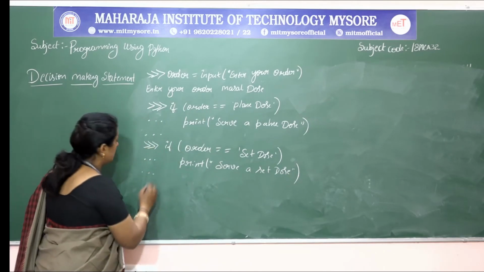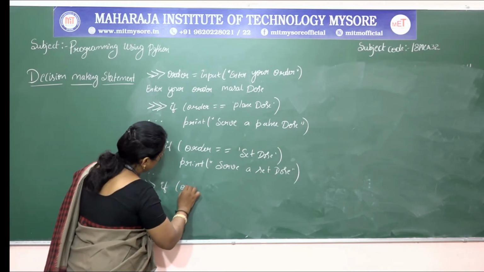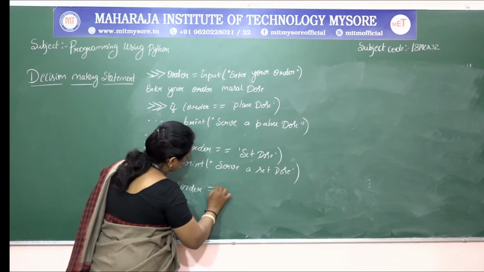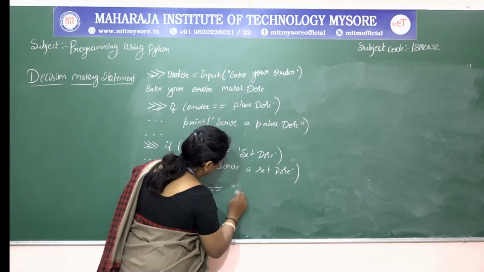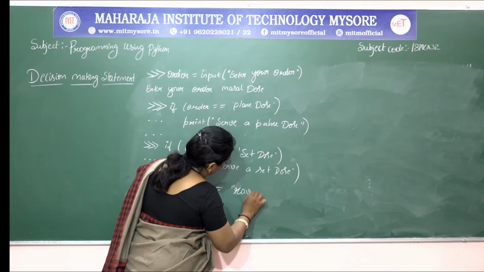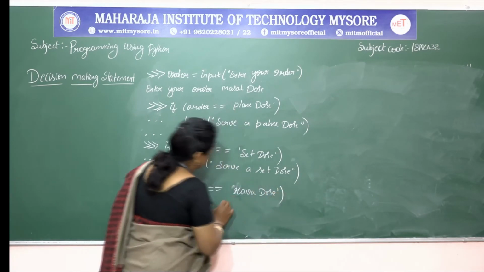So at the end of this if, I am checking whether the order is rava dosa.